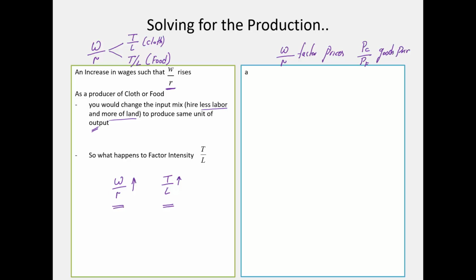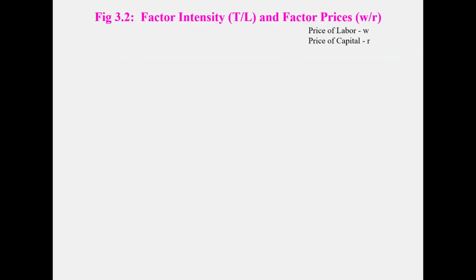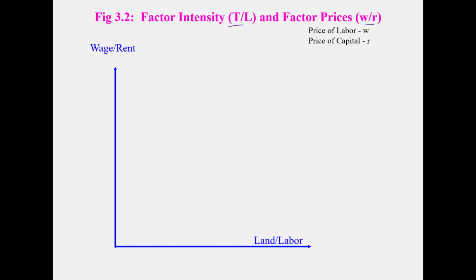Okay, so let's look at the first one right now. Again, factor intensity and factor prices. On the y-axis we have wage by rental ratio, and on the x-axis we have land by labor ratio.